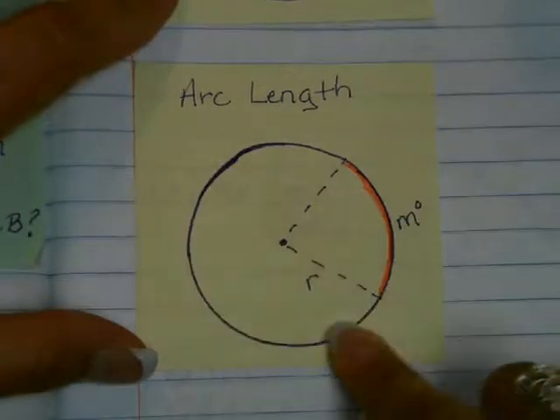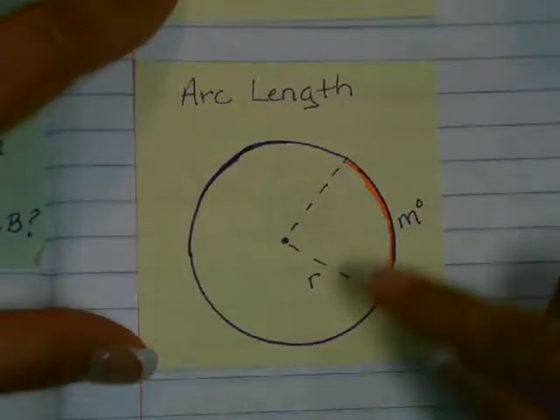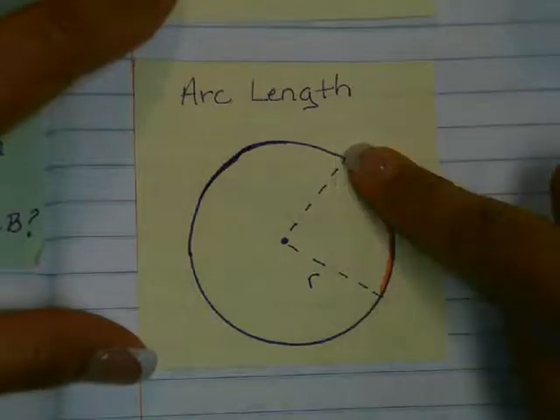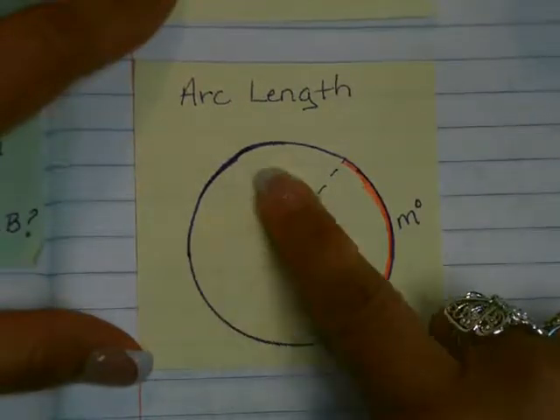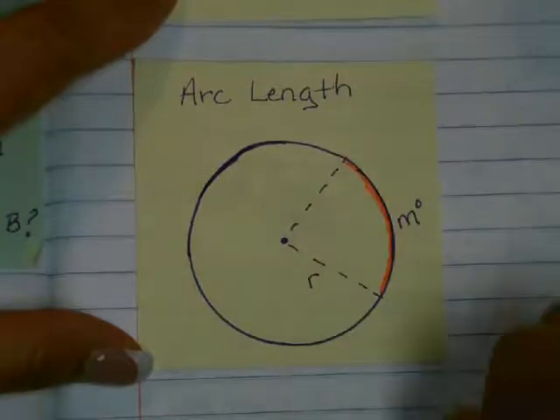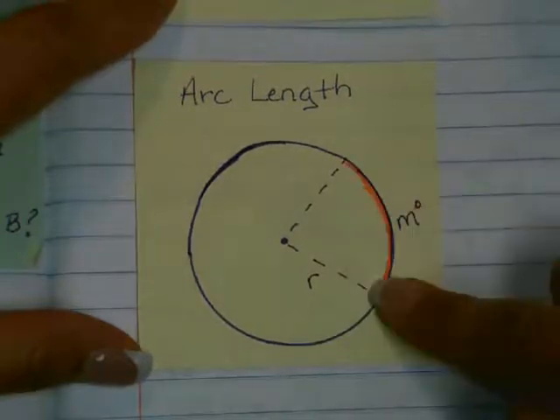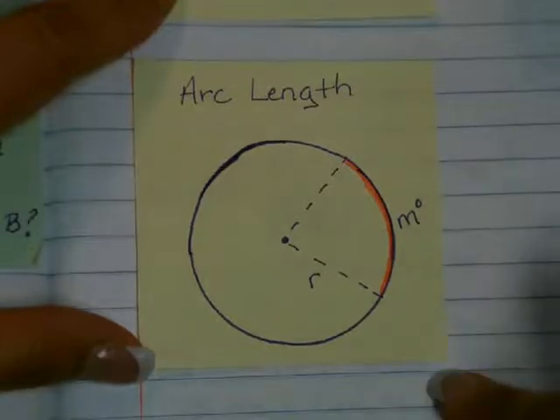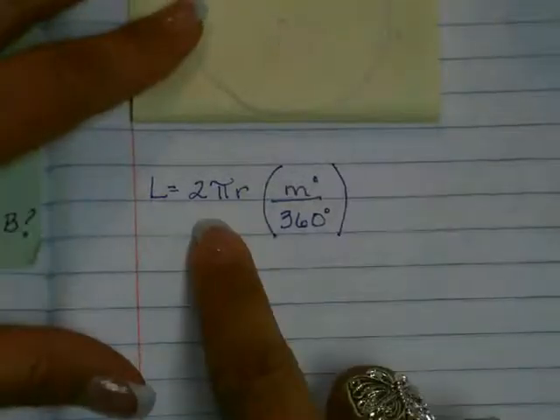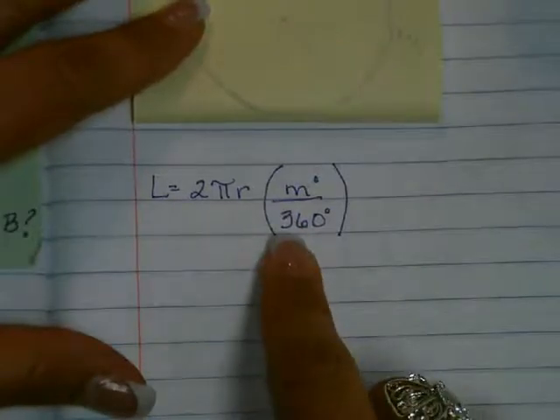So now instead of a portion of the area, we want just a portion of the circumference. So we're going to do 2 pi r, that's the circumference, and multiply that by the portion that we need, which is the angle over 360, because that will give us just a piece of the circumference that we need. So 2 pi r times m over 360.